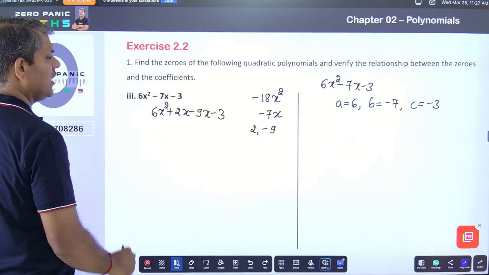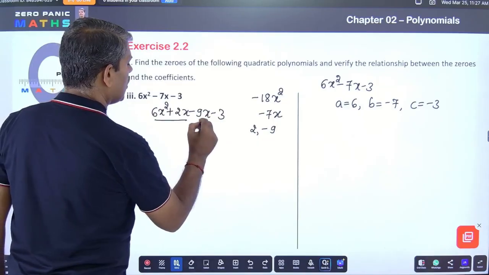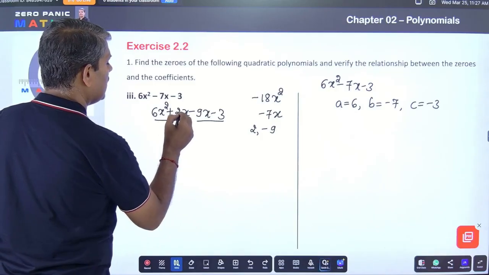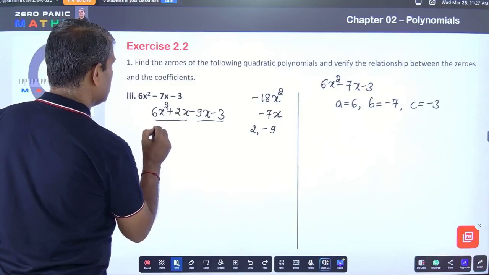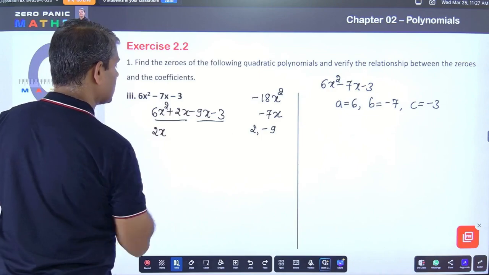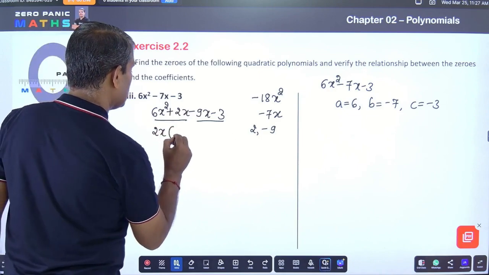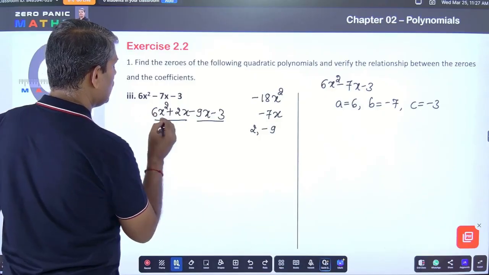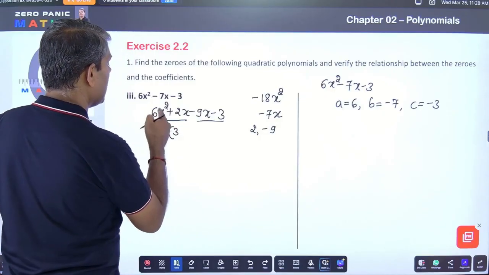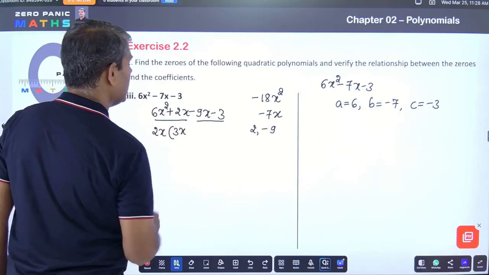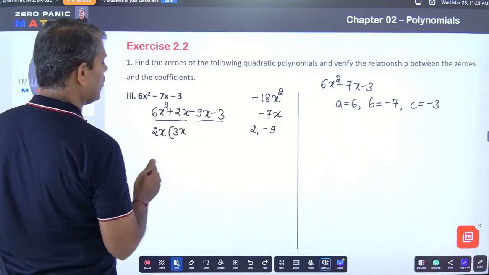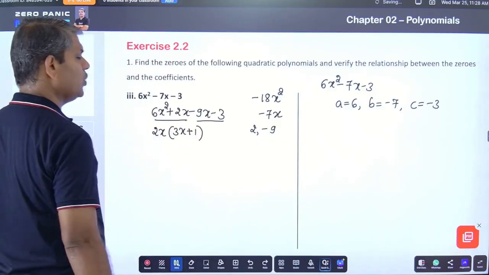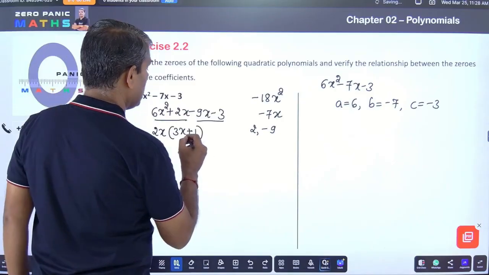Okay, let us continue on taking the commons from the two terms. Common from the first two terms can be 2x. Here if I am taking 2x, in place of the constant it is 2 into 3, so 3 remains, and since I have taken x as common, x also remains. So 2x whole thing I have taken common, so it will be 3x plus 1.